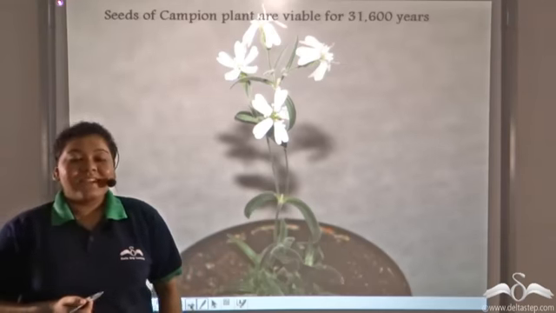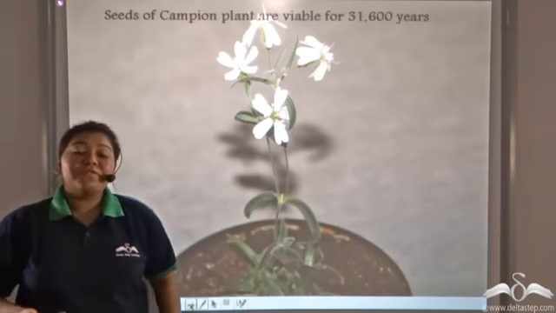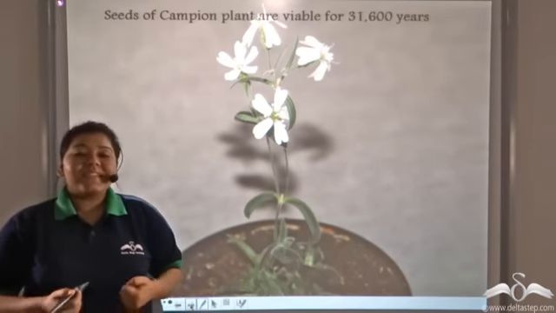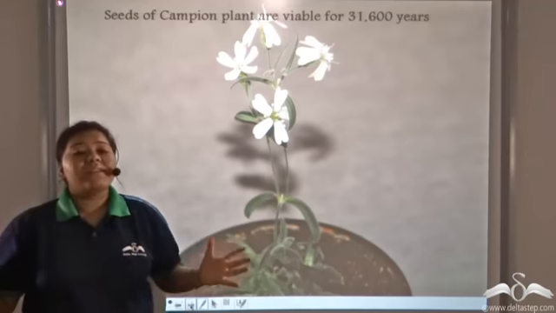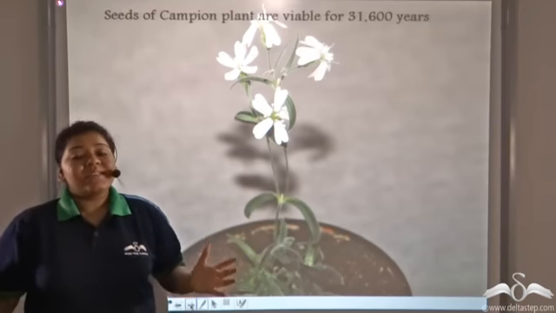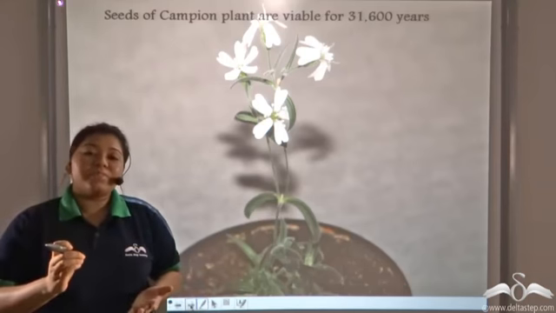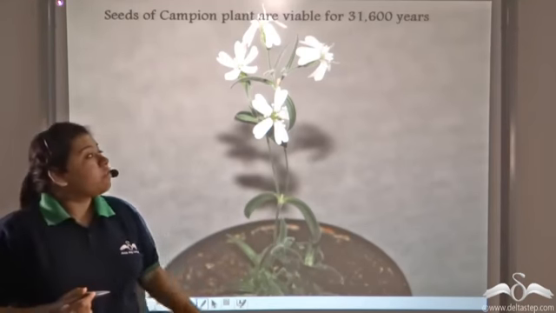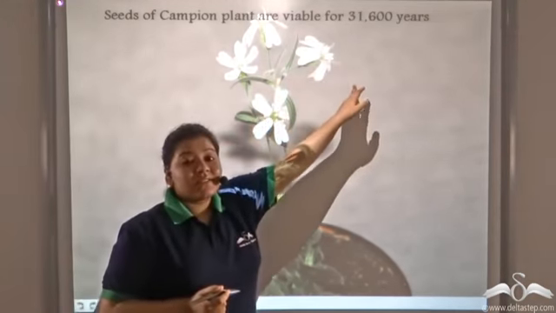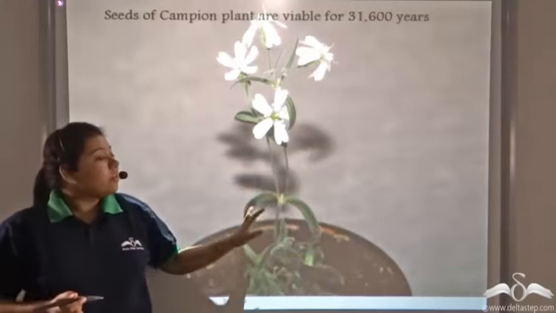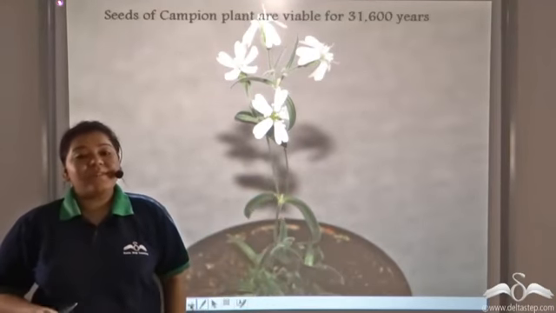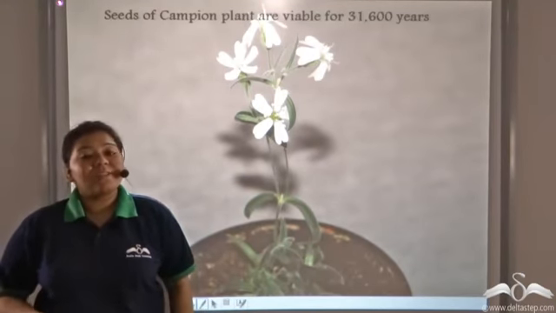Well, this is because the food reserve present in these seeds is abundant. It is present in such an abundant amount that it can provide nourishment to the embryo for these many years. So that is why seeds of this plant can be viable for this long.